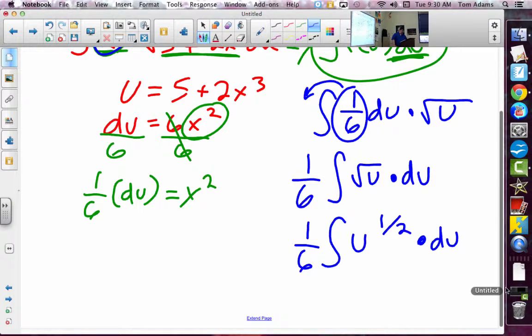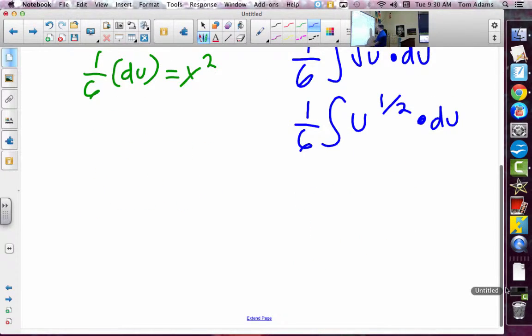Now, the antiderivative for u to the 1/2 isn't that hard. The 1/6 remains out here. When you add 1 to this power, you say 2 over 2, so I'm going to get u to the 3/2.